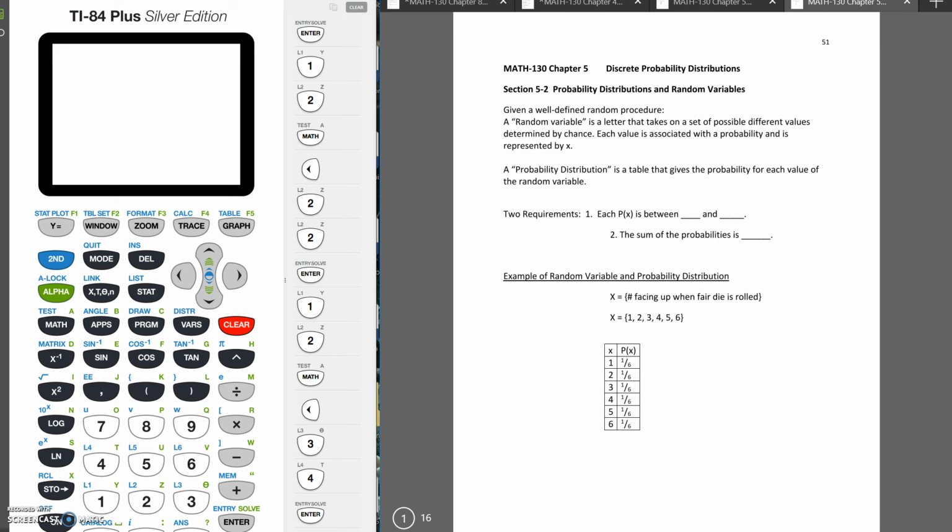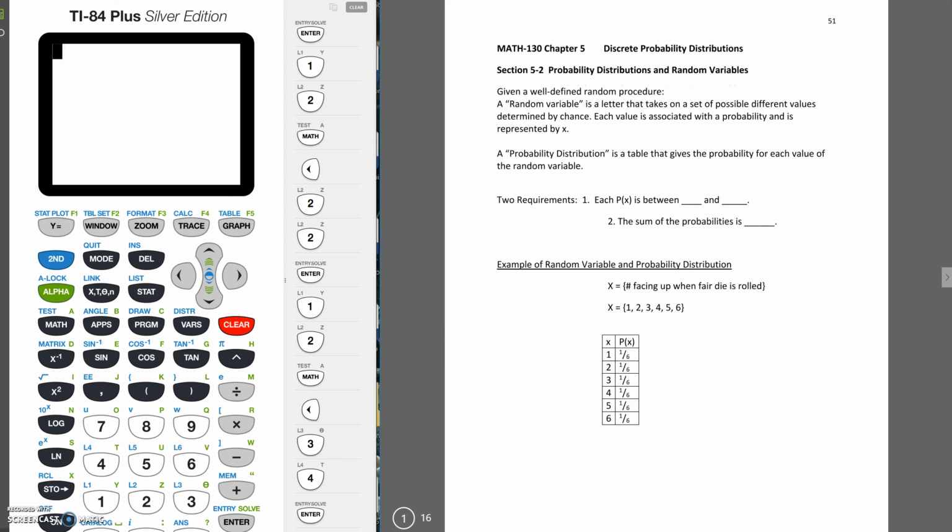So first we're going to talk about what it means to be a probability distribution and how we talk about these. So first we have a definition here. We're going to define a random variable. A random variable is a letter that takes on a set of possible different values determined by chance.